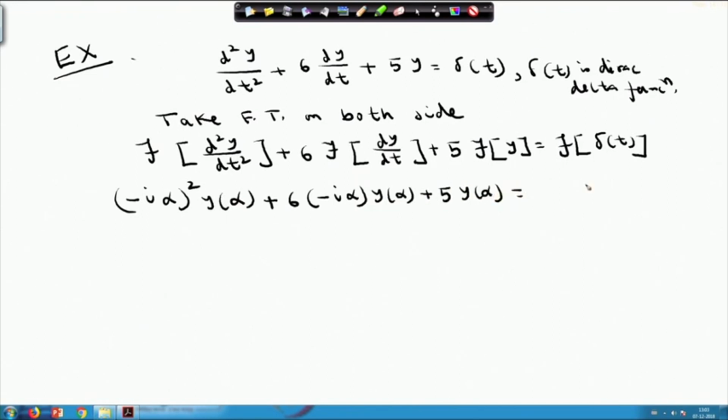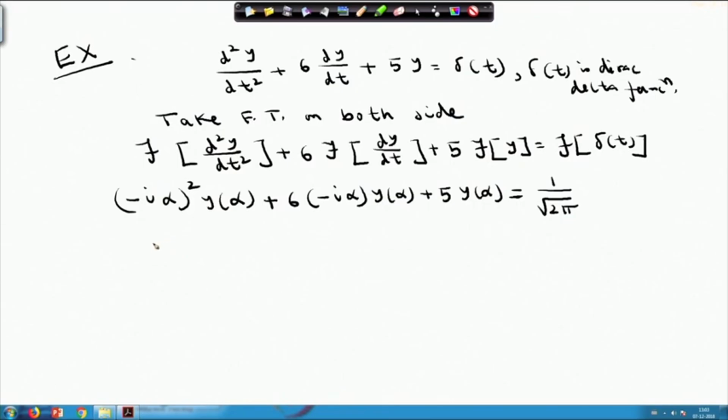And the Fourier transform of the Dirac delta function, which we have done earlier, is 1 by root 2 pi. So, I am getting this equation after taking the Fourier transform on both sides of the given equation.